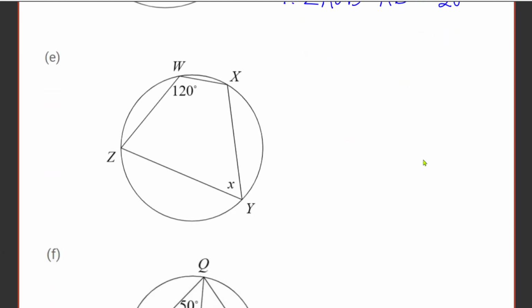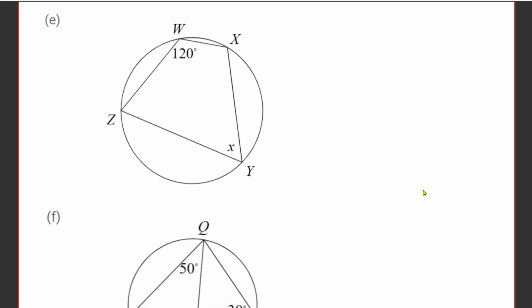Okay, then question E. Because W, X, Y, Z are all on the circle here, W, X, Y, Z is called a cyclic quadrilateral.